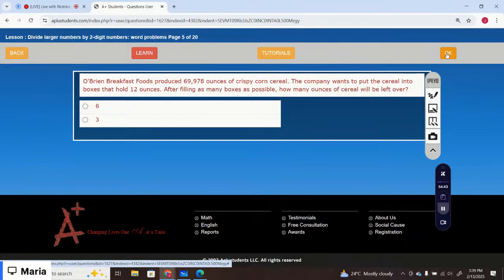Okay, O'Brien Breakfast Foods produced 69,978 ounces of crispy corn cereal. The company wants to put the cereal into boxes that hold 12 ounces. After filling as many boxes as possible, how many ounces of cereal will be left over?